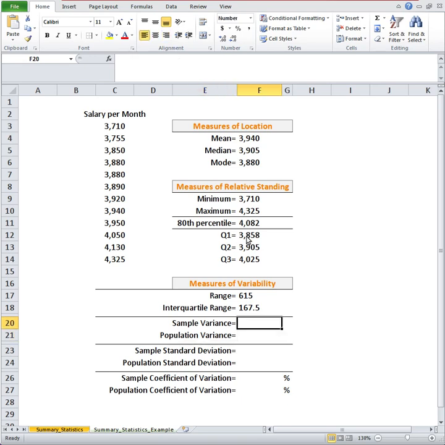Now we're going to compute the sample variance and the population variance. Remember, sample variance uses the n minus 1 as the denominator, whereas population variance uses the denominator n.